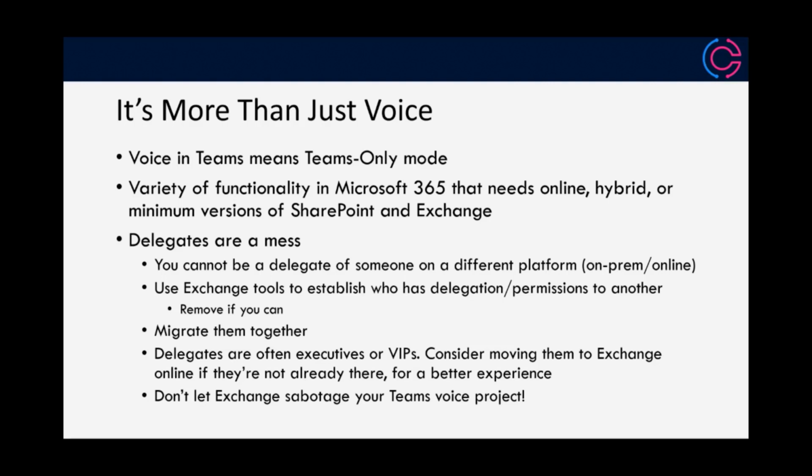So your delegates are often executives or VIPs, and one of the struggles that I run into every once in a while is that migrating to Exchange Online isn't on our roadmap until 2022. Okay, but if you were to go to Exchange Online sooner, you could get more functionality and better functionality, specifically around these people, the executives and the VIPs.